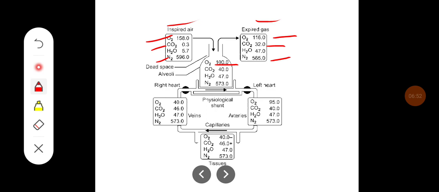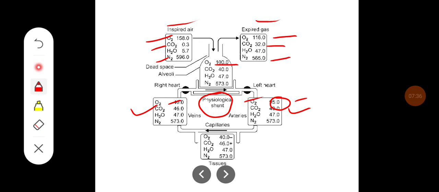And in the arterial and venous blood, the partial pressure of oxygen is around 40, and by the time it reaches the left heart, the partial pressure is around 95 mm of Hg, and it is not 100% saturated as it is in the alveoli because of the physiological shunt, where some of the venous blood is not oxygenated by bypassing the respiratory system.